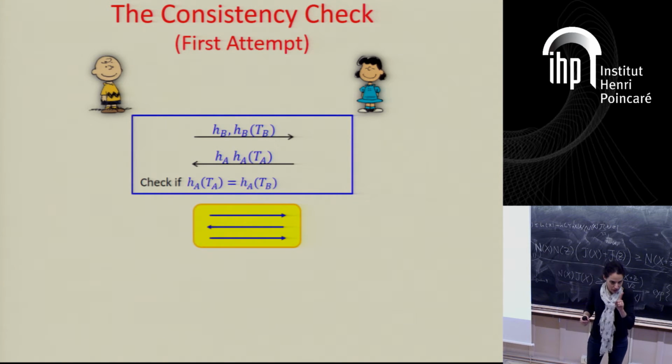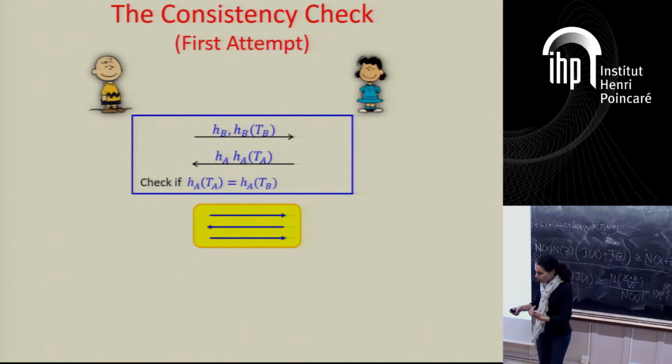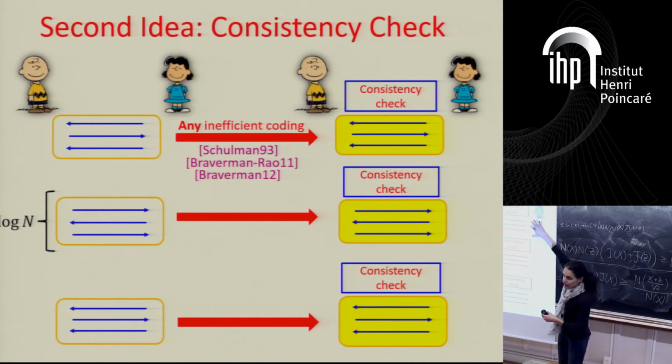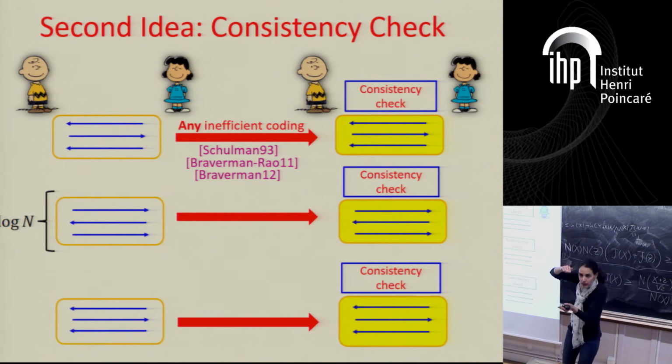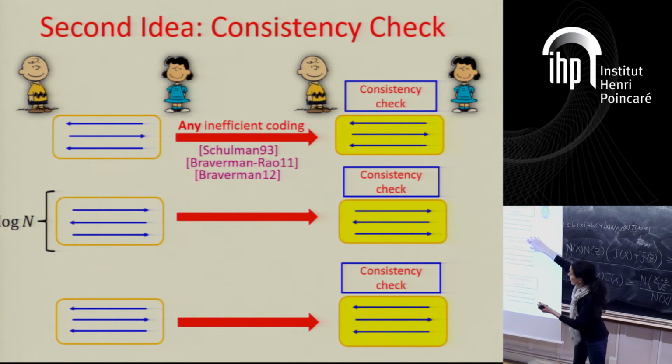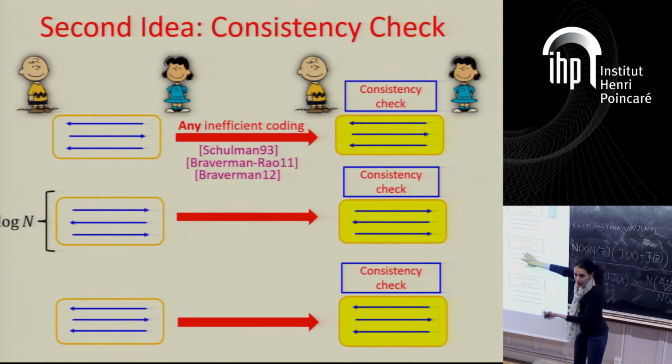This is the decoded transcript. Yes, thank you. So Alice and Bob, each time they run this, they decode, and they save the decoded transcript, the actual thing it decoded to. And then they check if they're okay. If they're okay, they continue.